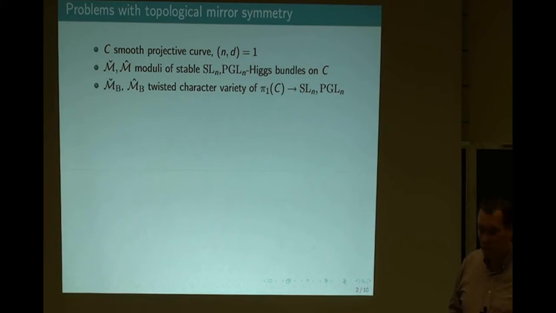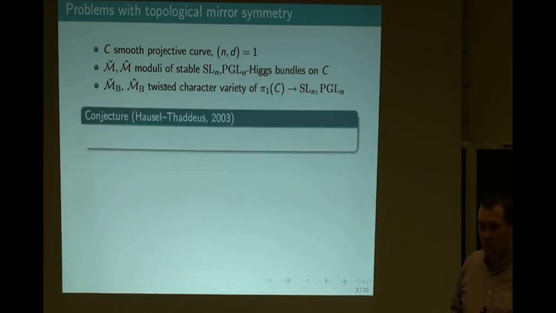So I offer two topological mirror tests to try to find proofs, topological proofs for the mirror symmetry we observed between generic fibers of the Hitchin map.